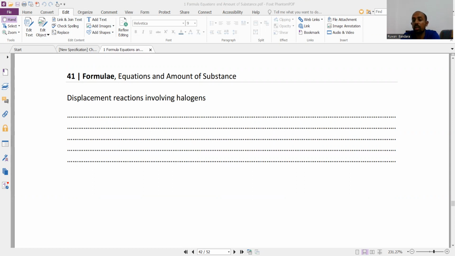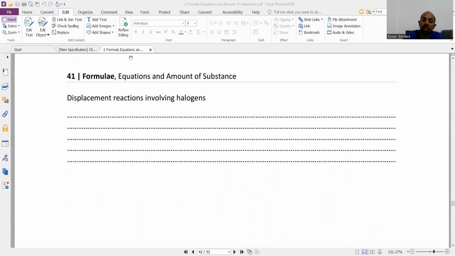Halogens, we know that the more reactive halogen can displace the less reactive halogen. Therefore, we met 3 reactions: chlorine displaces bromine from its compound, chlorine displaces iodine from its compound, and bromine displaces iodine from its compound.